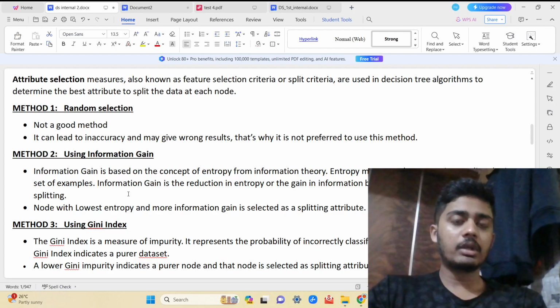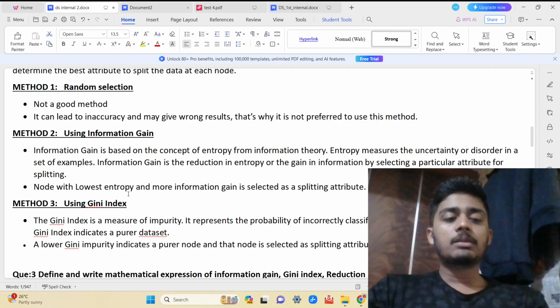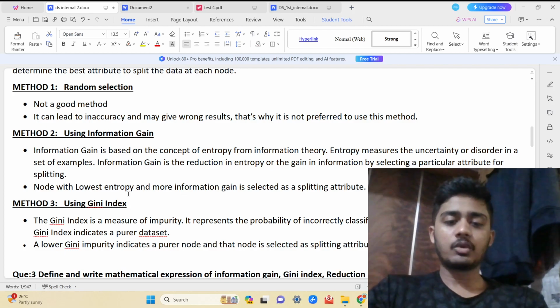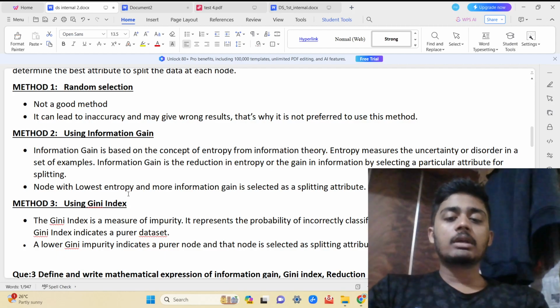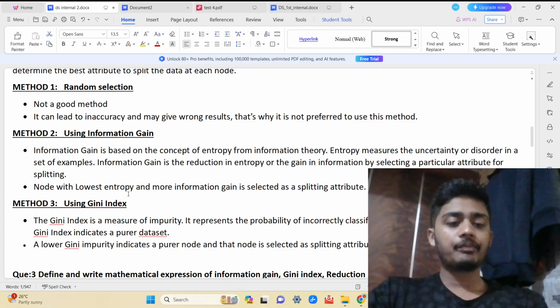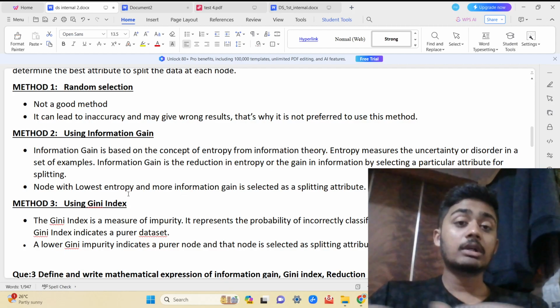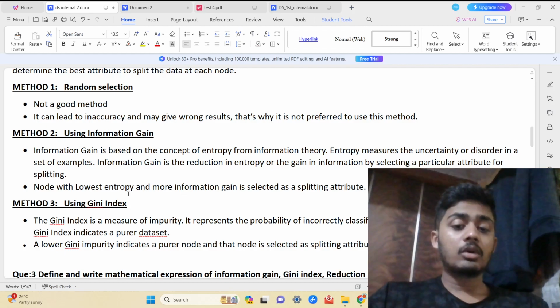Now the third method is using the Gini index. The Gini index is a measure of impurity, and it represents the probability of incorrectly classifying an instance in a dataset. A lower Gini index indicates a purer dataset. So lower impurity indicates the splitting attribute.